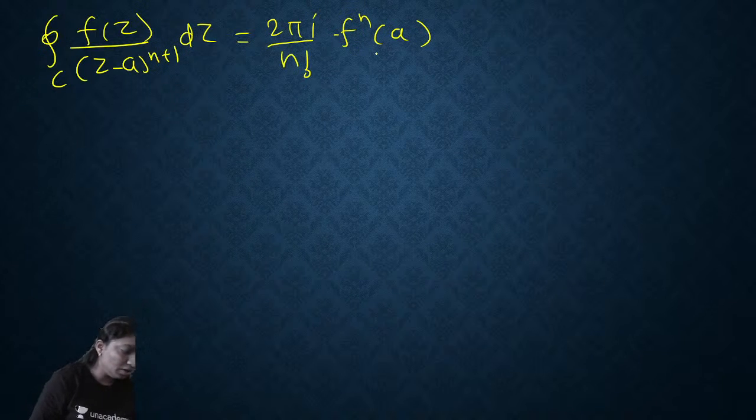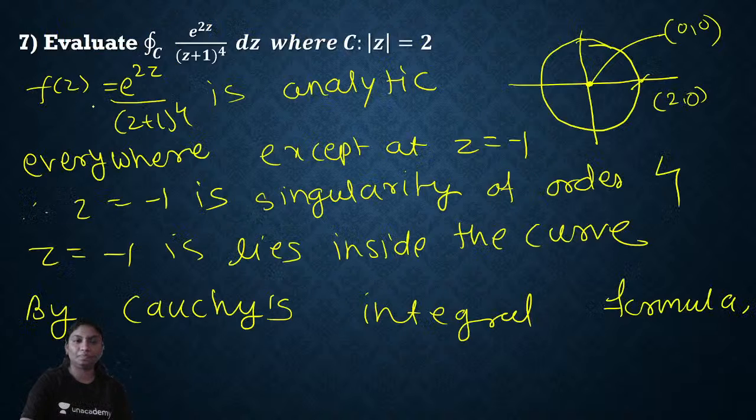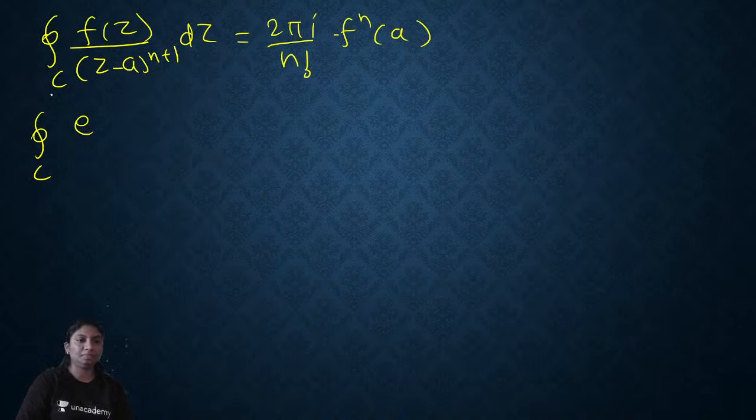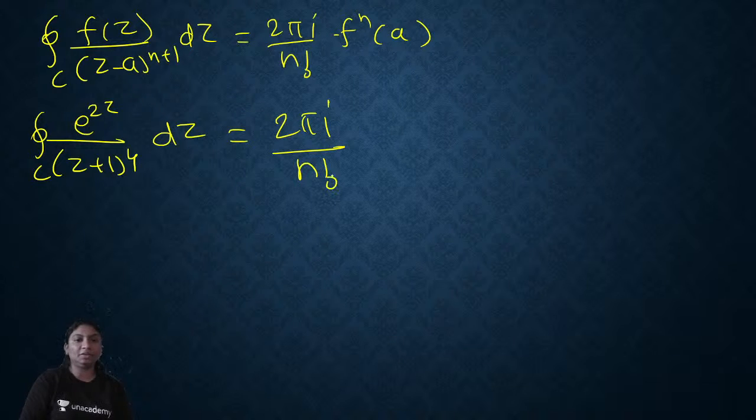So here you will get the integral over C of e raised to 2z upon (z plus 1) raised to 4 dz is equal to 2 pi I upon n factorial.